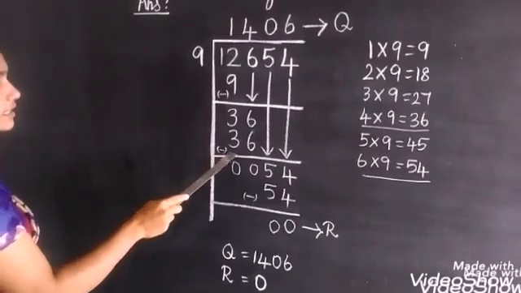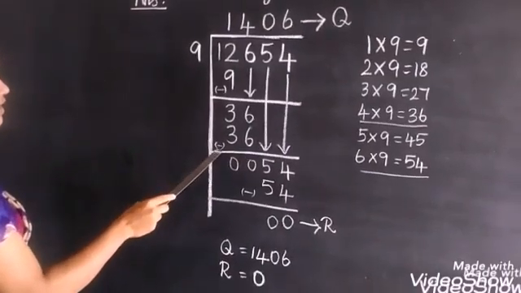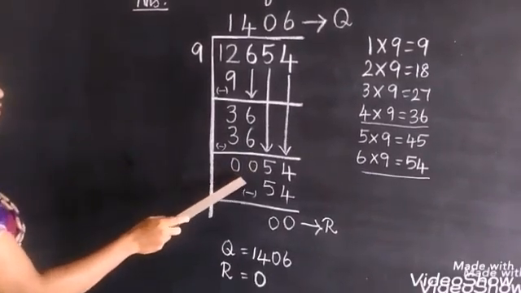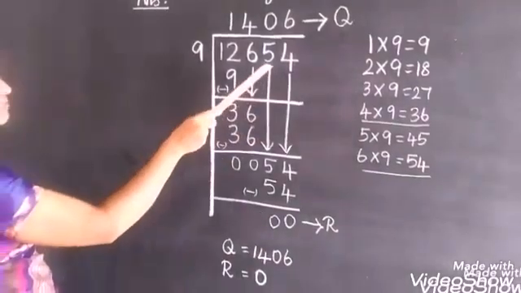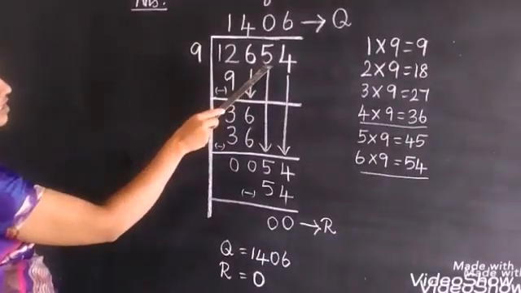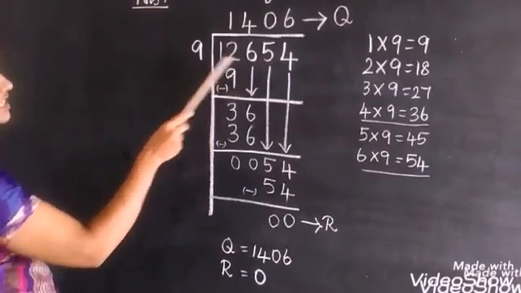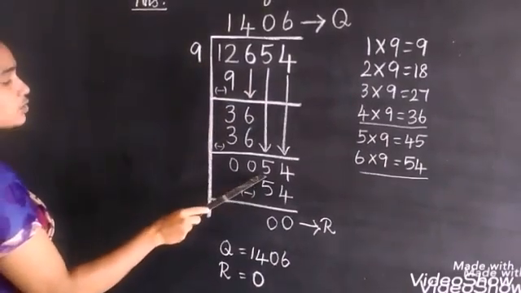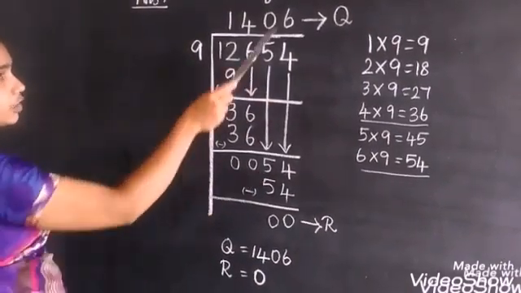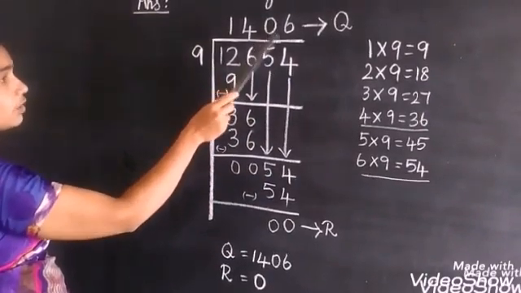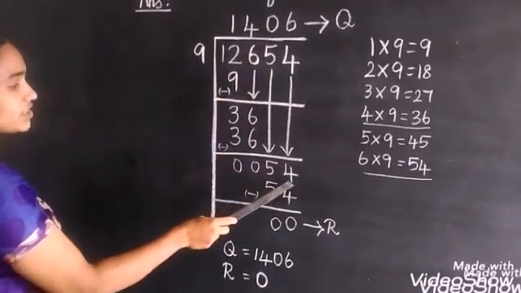So in the quotient place 4, and here we write 36. Subtract this, 0, 0. Take the next digit 5. 5 is smaller than 9, so we can't divide. In the quotient place we put 0.